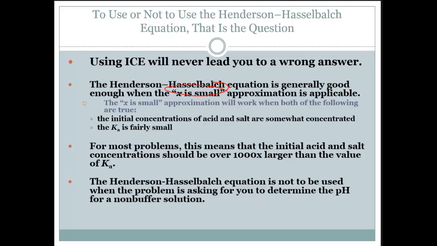That's what you want to look for. For most problems, this means that the initial acid and salt concentrations should be over 10,000 times larger than the value of the Ka. The Henderson-Hasselbalch equation is not to be used when a problem is asking you to determine the pH of a non-buffer solution. These are only for buffer solutions.